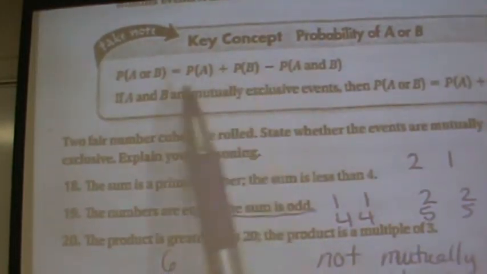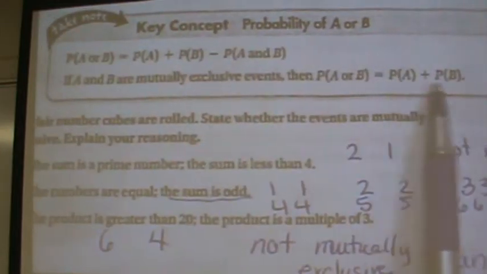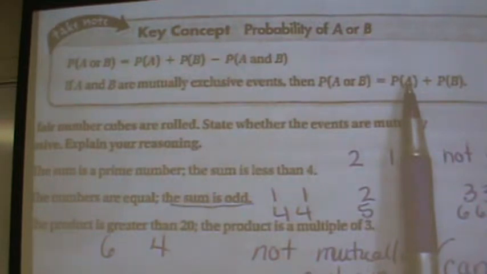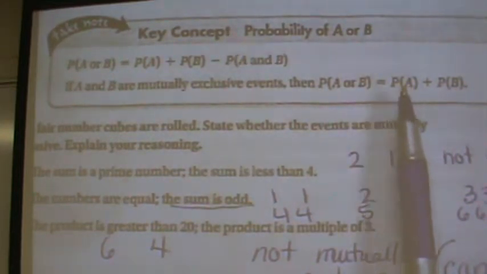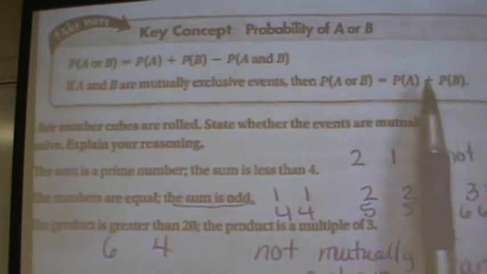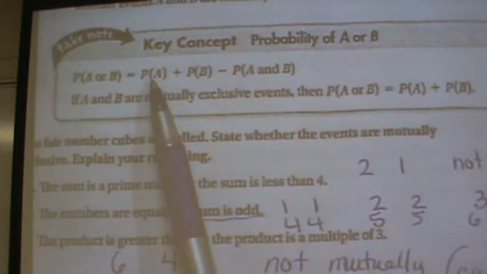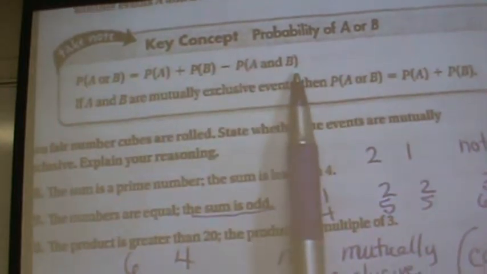Use this formula when they're not mutually exclusive. If they both can't happen at the same time, like the probability of being under 20 and over 60 years old, those are mutually exclusive, so those you add. But in this example, probability of A plus probability of B minus the probability of A and B, that one is for when they're not mutually exclusive.